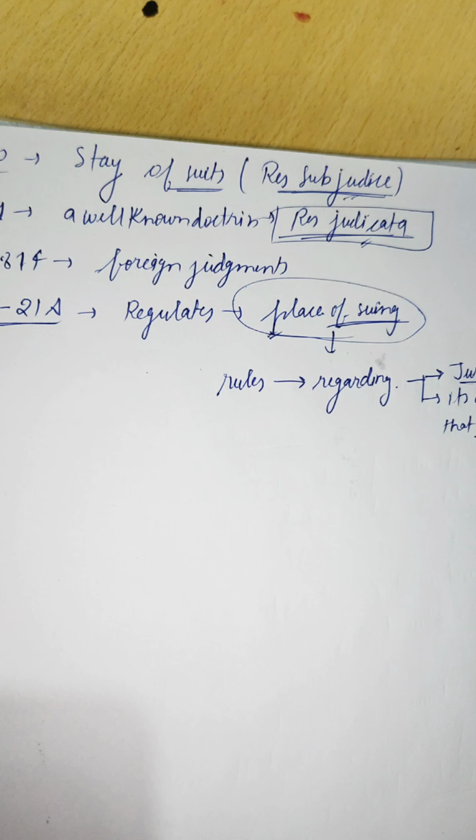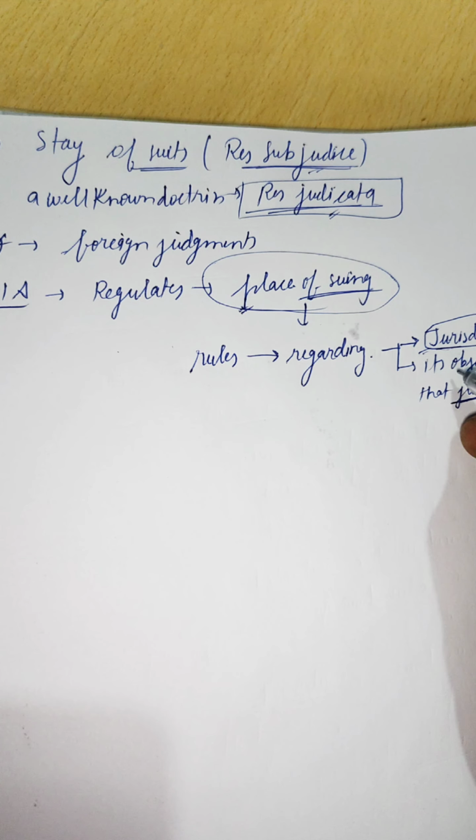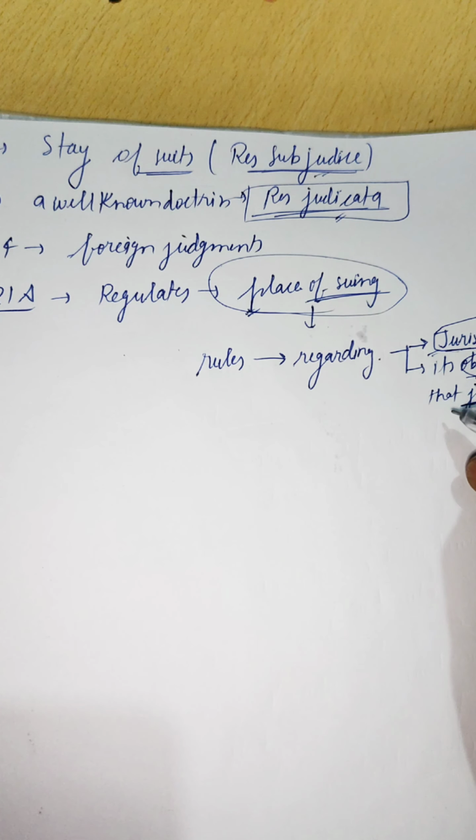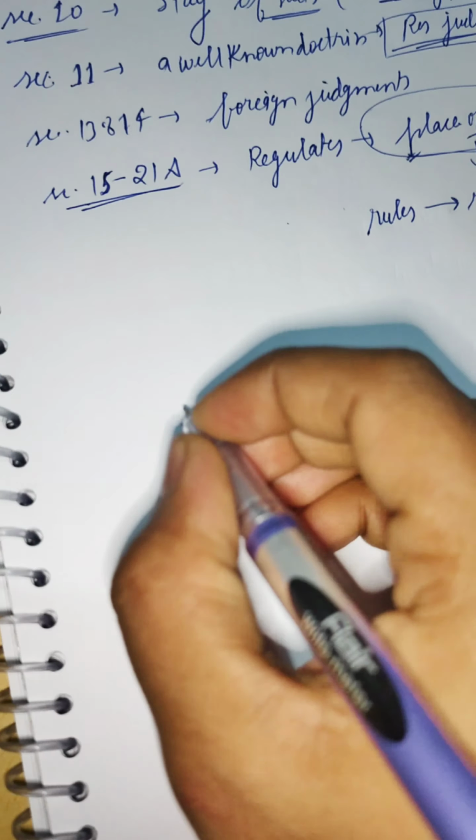There it means the jurisdiction of the courts. Okay, and the objection to the jurisdiction. These principles are dealt with in sections 15 to 21A.